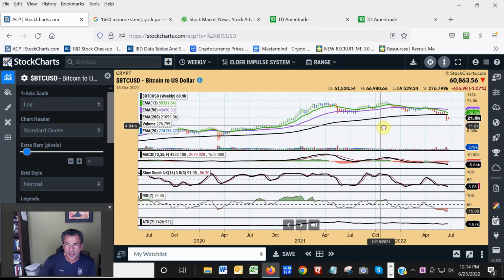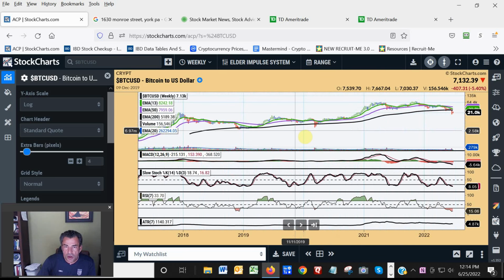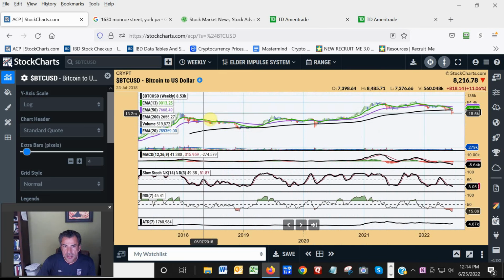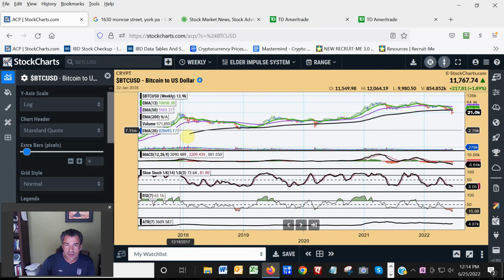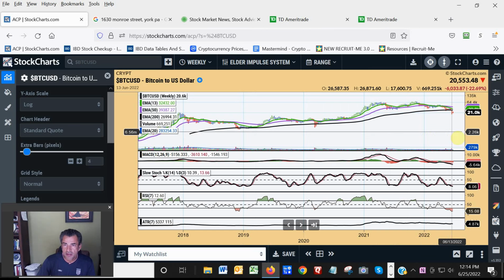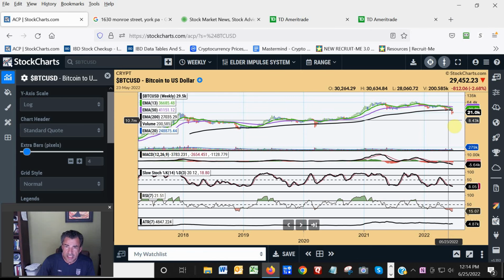Okay? Now, why this is important is these two peaks, this one and this one, should act as support. Now, this height of 19,870 unfortunately was broken right here because it went down to 17.6, but it seems to have not completely crashed through.